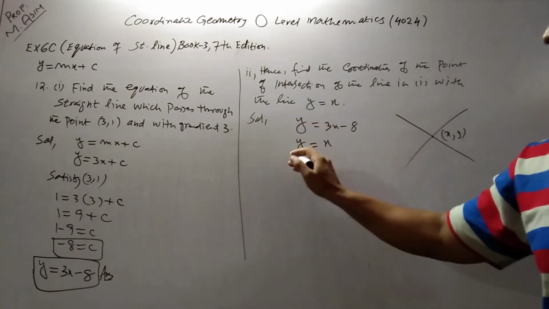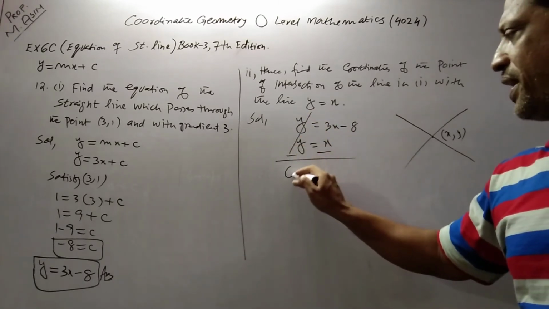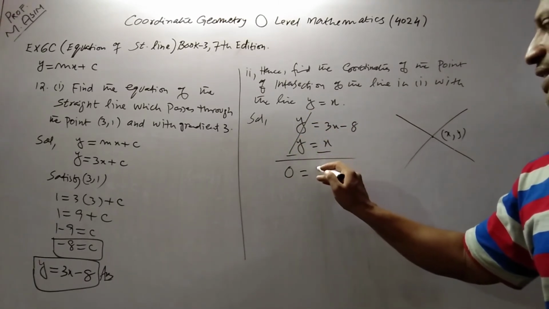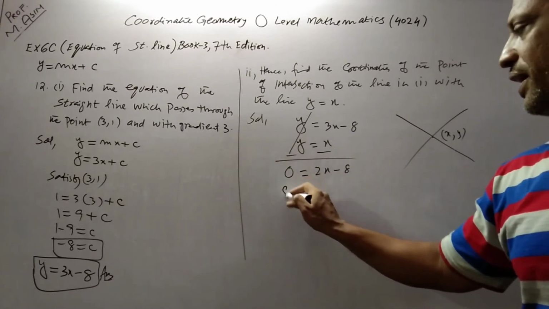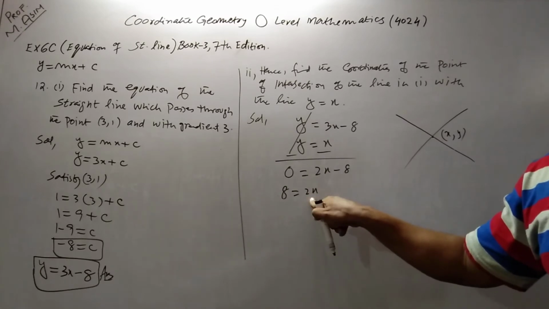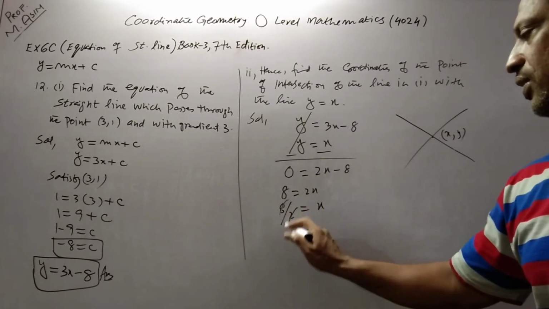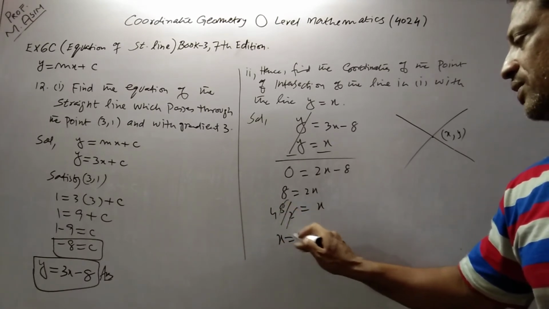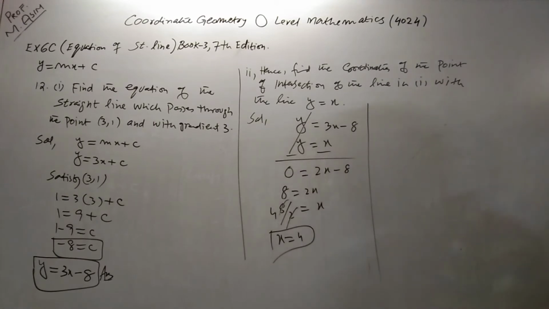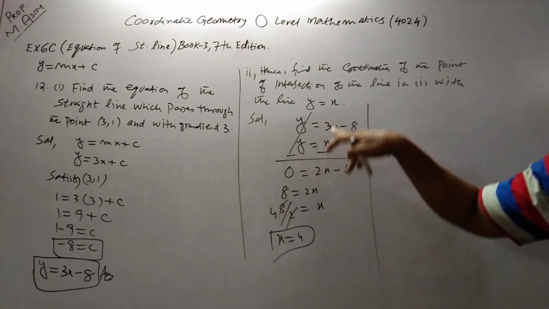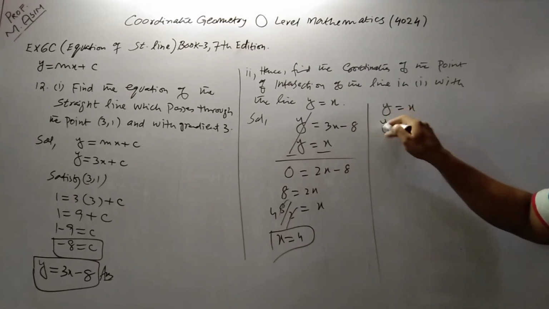Now I am solving this, just subtracting these two equations. y cancels y, the remaining is 0. 3x - x is 2x, minus 8. Move this -8 to the other side, +8. This 2 is multiplied, so it should divide 8. 2 times 4 is 8, so the value of x is 4. Now how to find the value of y? Put this value of 4 in any one of these two equations. I am taking this equation, y = x.